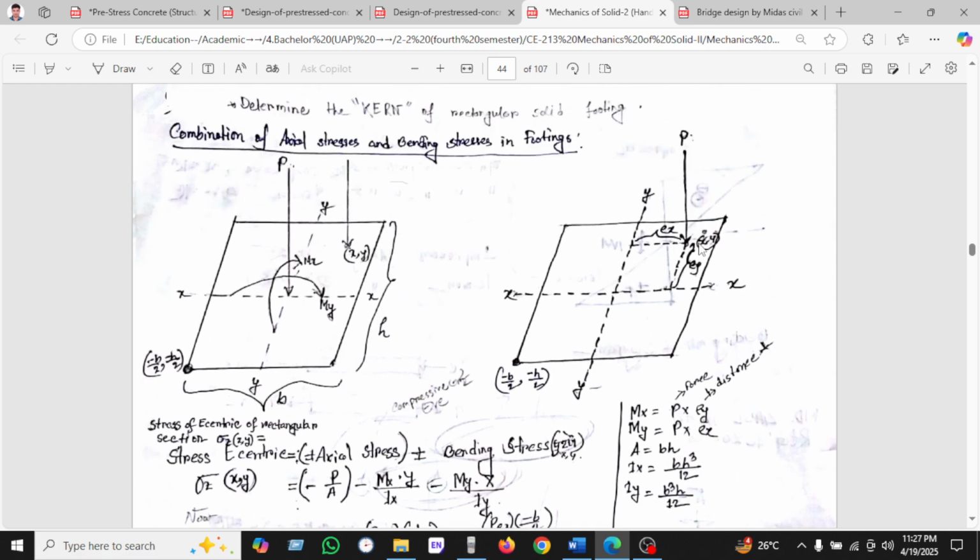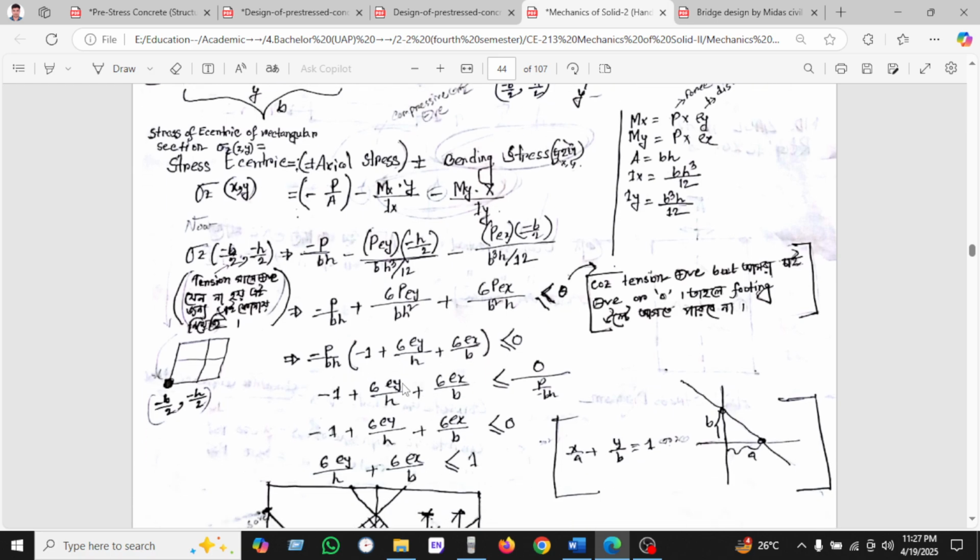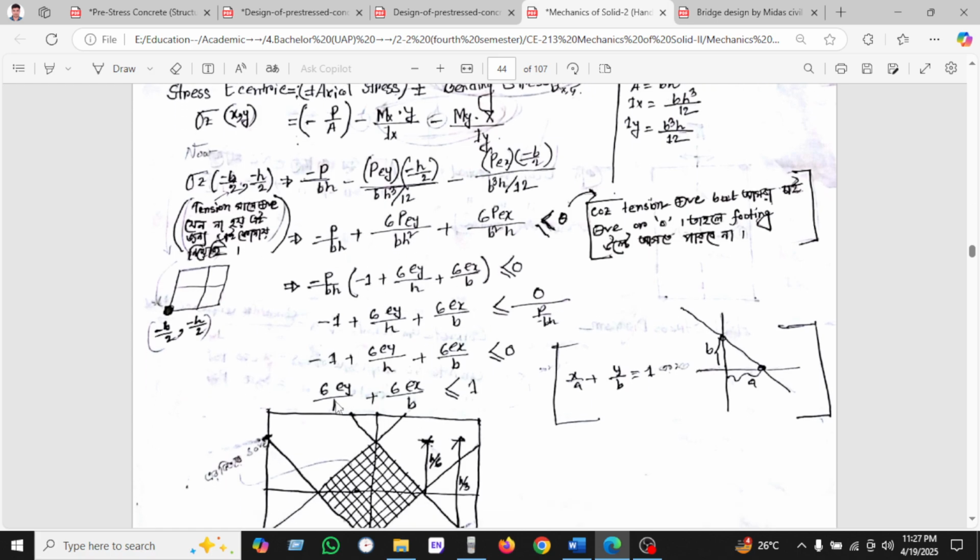That means at this point, as we know, it will be 0, as tension is positive, but we want negative. That's why we are taking it here. So in this way, after calculating all this, putting in this value, we have found 6e divided by B is 6 divided by 2, and we have found less than 1.